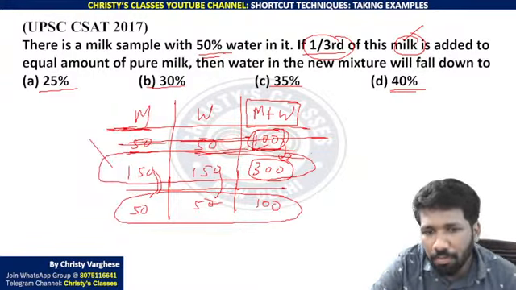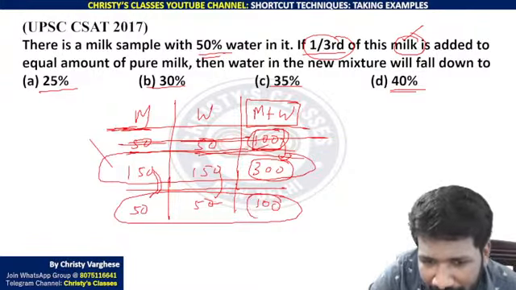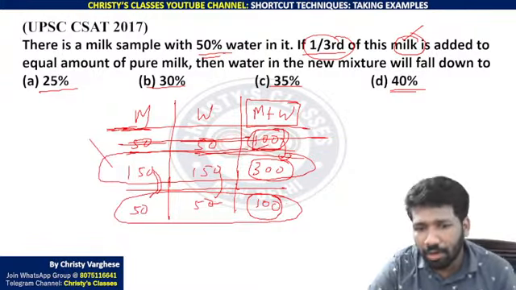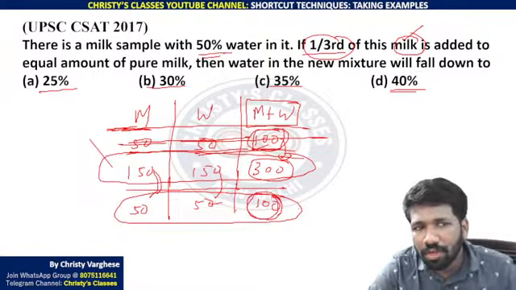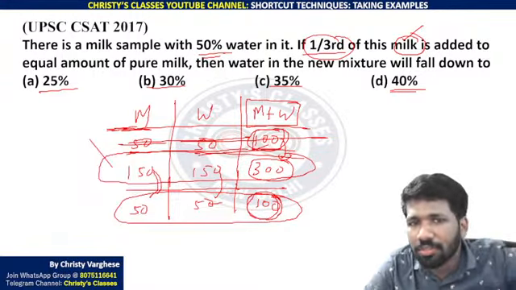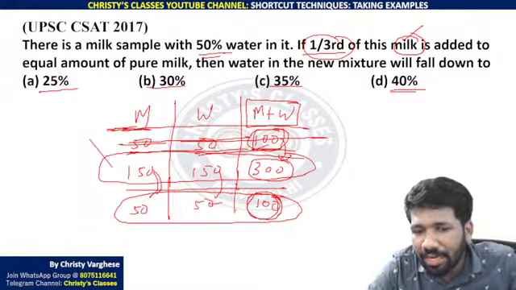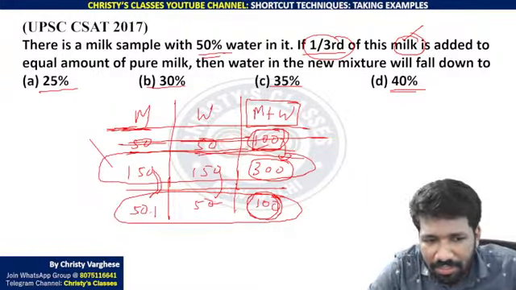Equal amount of pure milk means that 100 you have taken, you are adding an equal amount of pure milk, means 100 liter pure milk is also added. That means to the 50, 100 pure milk is added. Water is not added at all.